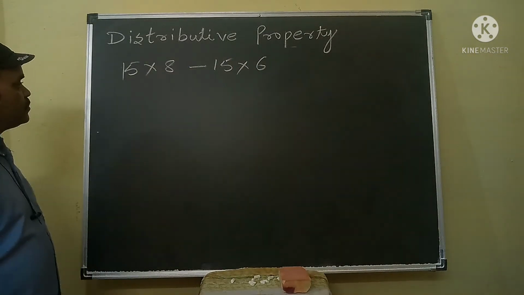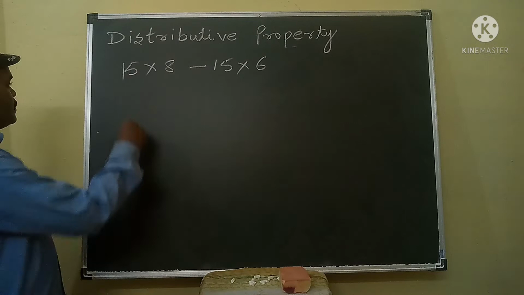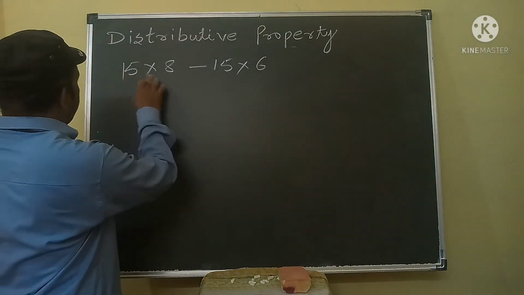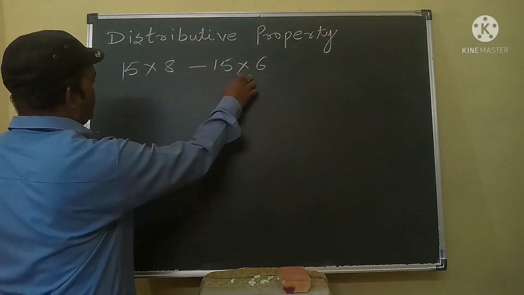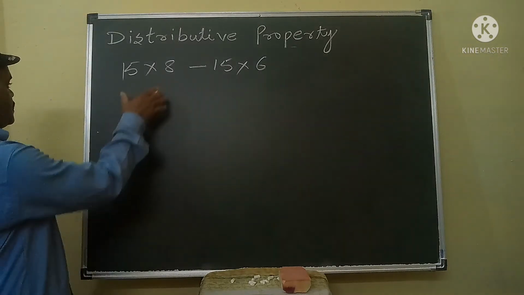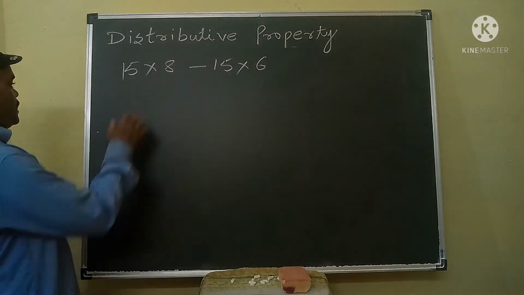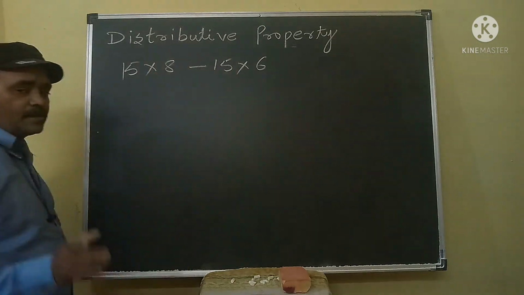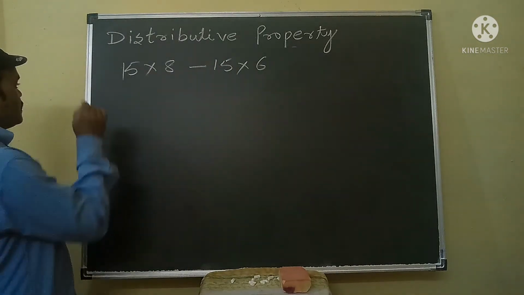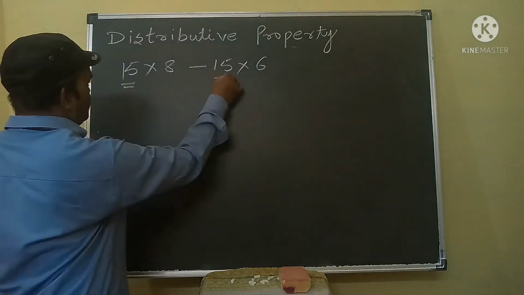So how can you solve the problem? Now look here, 15 into 8 minus 15 into 6. This is the first group and this is the second group. In the first group and second group, which is the same number? Same number is 15.